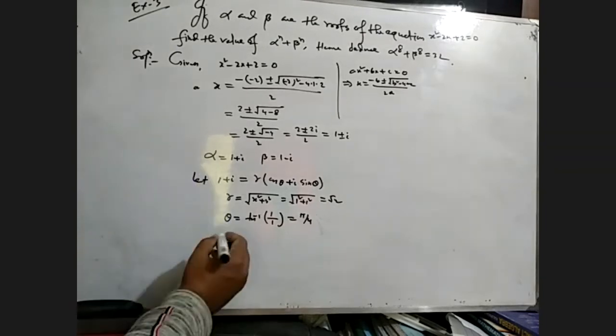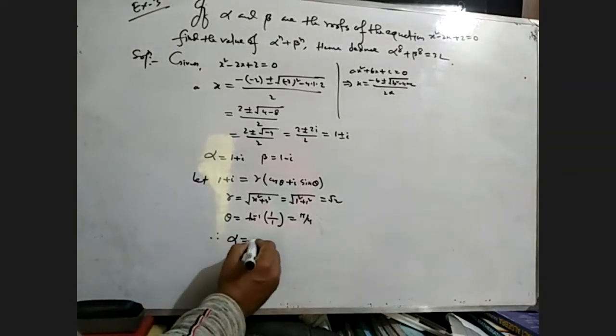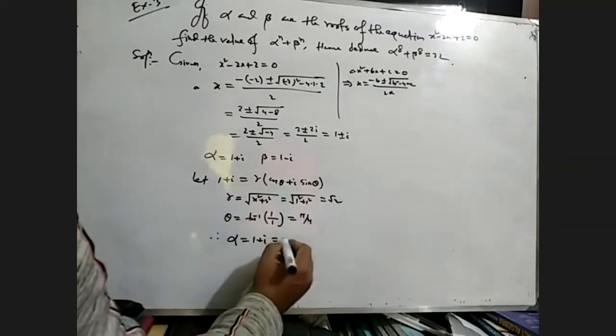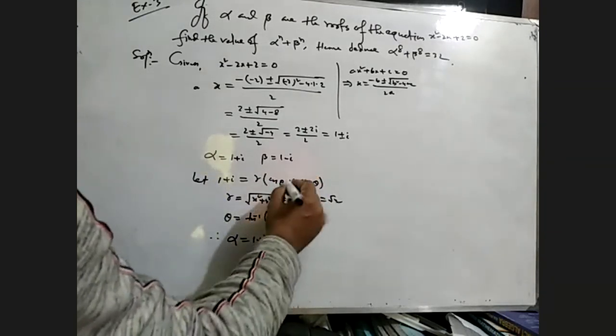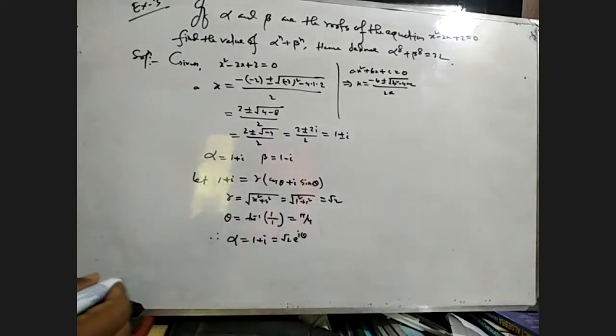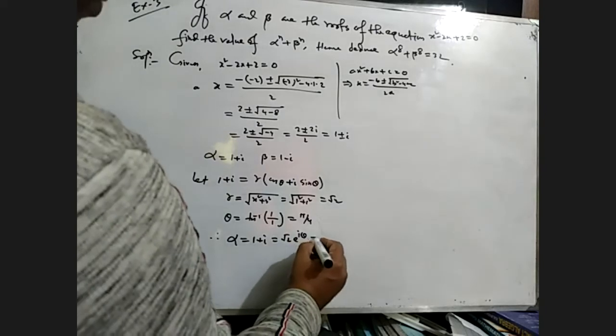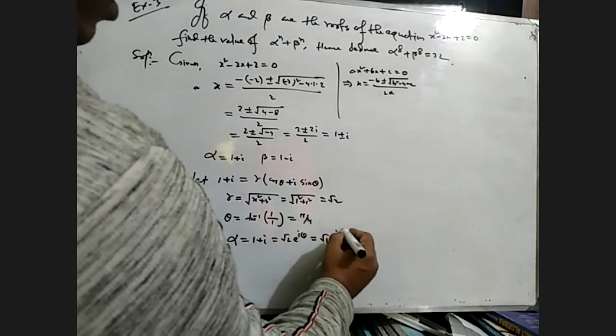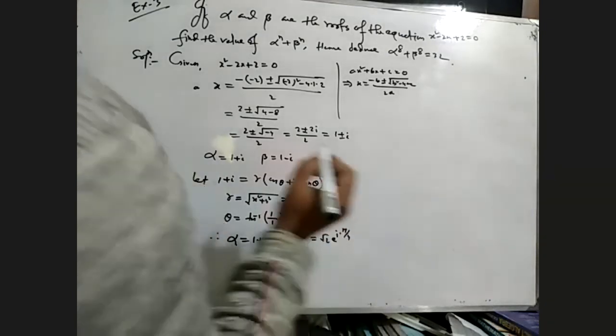Therefore alpha, or 1 plus i, can be written with r equals to root over 2, and this can be written as e to the power i theta, the exponential form of a complex number. So root 2 e to the power i pi by 4.